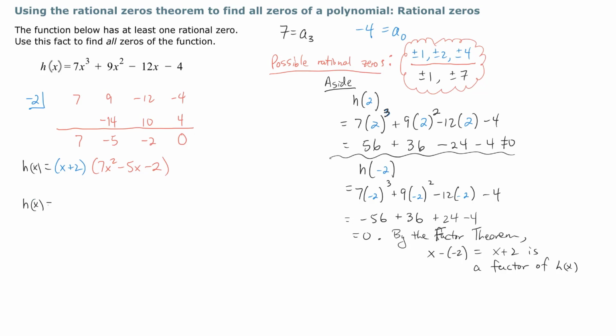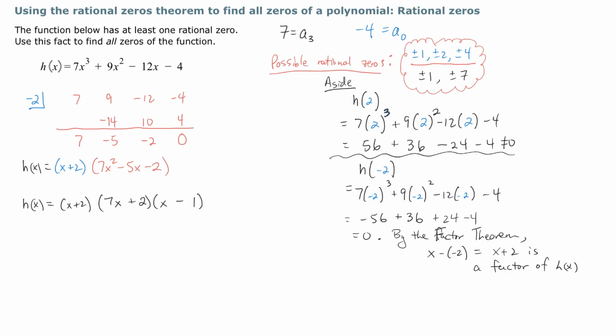Well, 7 is nice. We just have 7 times x, and then let's put a 2 here and a 1 here. I think this is going to do it. Oh yeah, there it is. We have written h of x as a product of 3 linear factors.